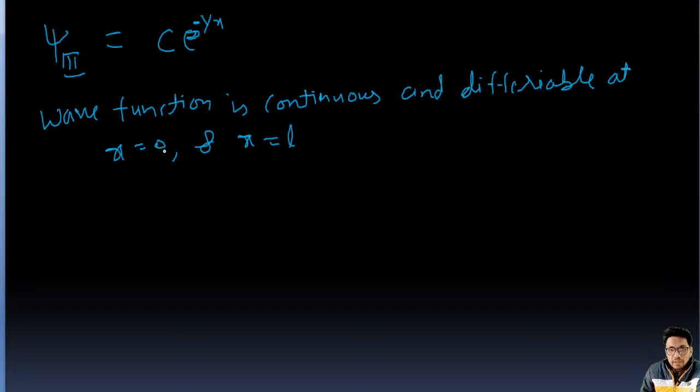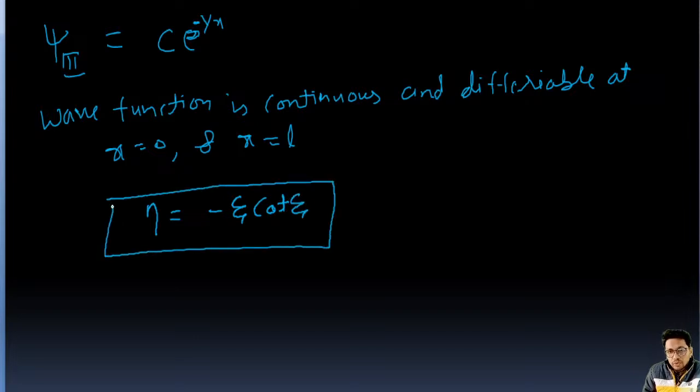If we solve these wave functions at the boundary condition, putting x equal to 0 and x equal to L, we find this condition: eta equal to minus zeta cot zeta. Okay, very important, so you need to note it down.